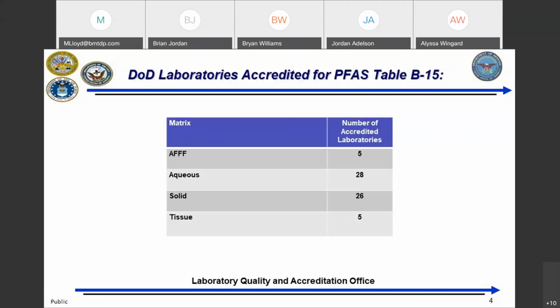So roughly a third of our laboratories now have PFAS capabilities. That is about double from what the number I showed you last year was. So we've seen a lot of people enter the market over the last 12 to 18 months. We are showing 26 laboratories for solid, and lastly, 5 for tissue analyses.